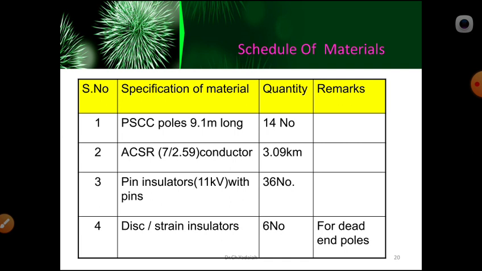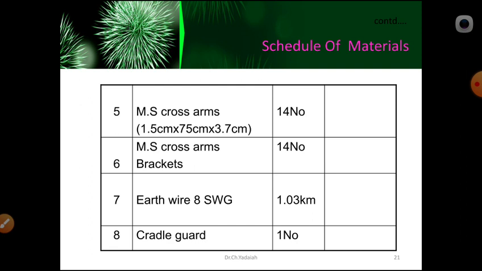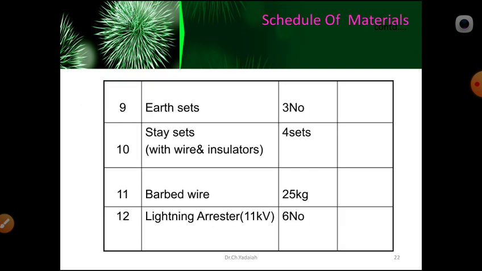Same as what we have calculated, we place in the schedule, similar to the previous ones. Now, PSCC poles 9.1 meters, the 14 numbers already calculated, and ACSR 3.09 kilometers, and pin insulators calculated, disc insulators calculated, and next MS cross arms calculated, MS cross arm brackets calculated, ground wire calculated, cradle guard set, we can say the set, and earth sets, stay sets, barbed wire, and lightning arresters also we included, 11 kV, because it is for safety purposes.